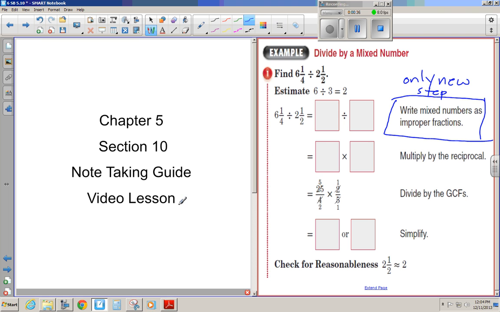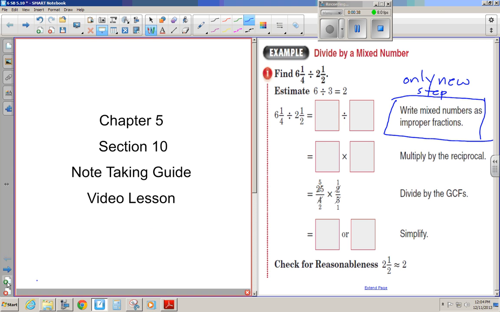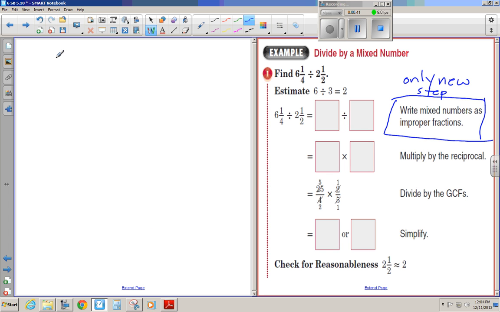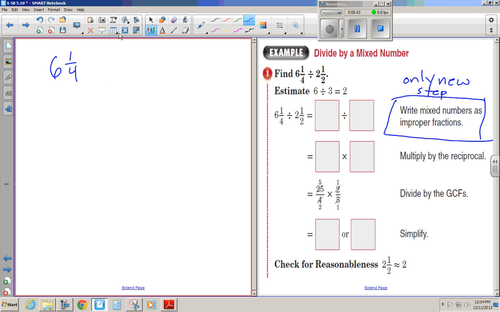So the first thing you need to do is write 6 1/4 as an improper fraction. So we multiply the denominator and the whole number. We add the numerator and get 25/4.